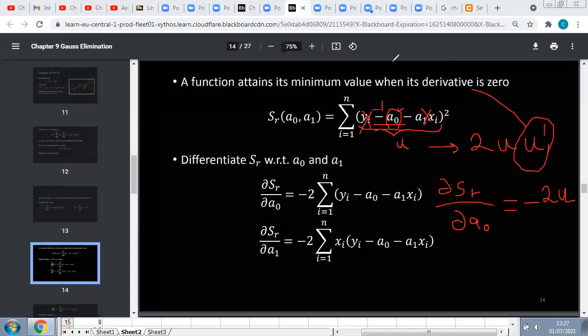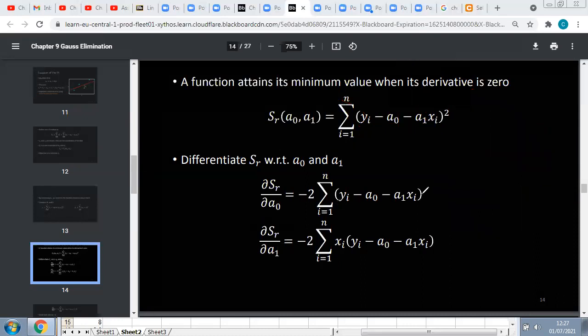Okay? And since, of course, you have a summation, then del SR by del A0 is the summation of -2U, summation from 1 to n. And now, replacing U by its value, which is yi minus A0 minus A1xi, and knowing that since -2 is a constant, I can take it outside of the summation.